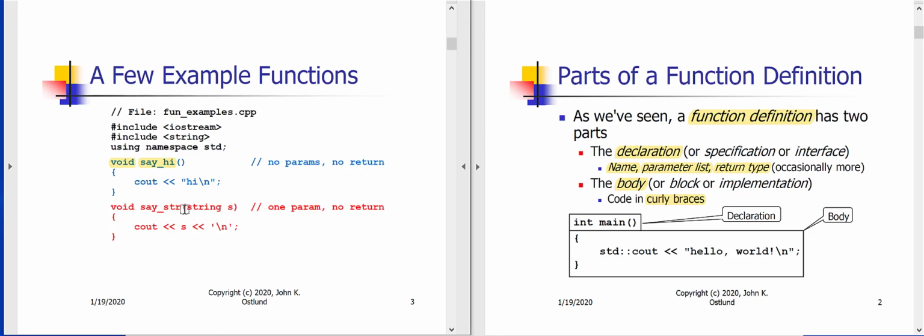In this next example, we have a function named sayStr that does expect to receive one string argument, and within the body of the function, we can access this string using the parameter s. So sayStr needs to be passed an argument value, and it will display to cout that argument string followed by a new line character.